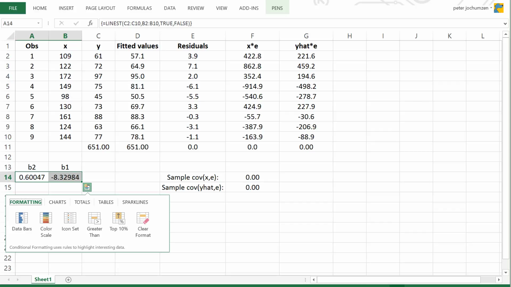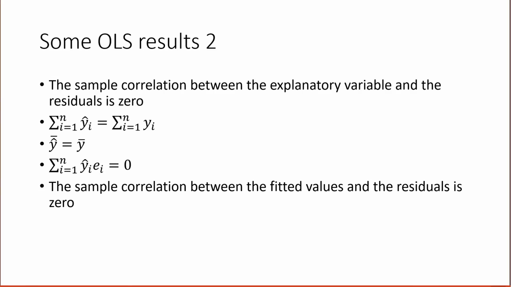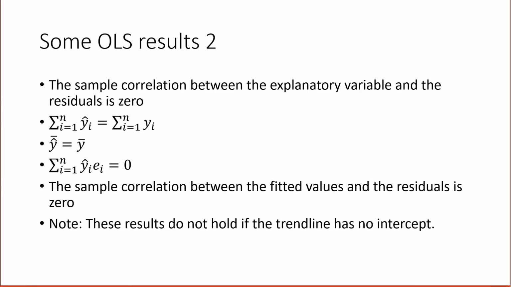If I change these, if I don't use the OLS trend line, then none of the results that we have talked about will hold. Specifically, if you fit a trend line with no intercept, then none of these results will hold. So it's only for the OLS formula with intercept. So, final point, these results do not hold if the trend line has no intercept.